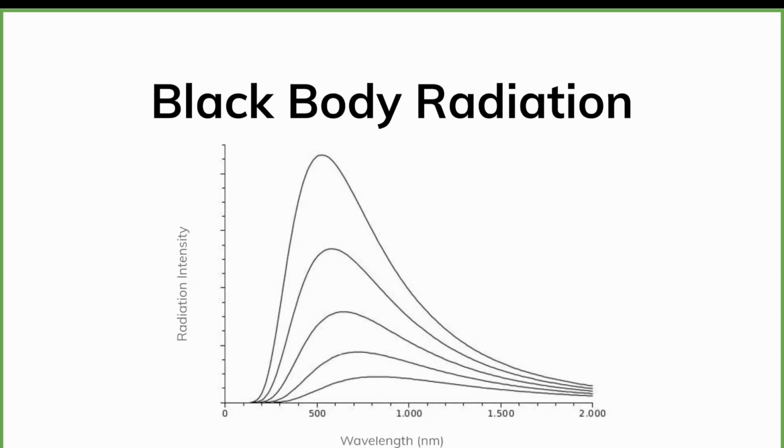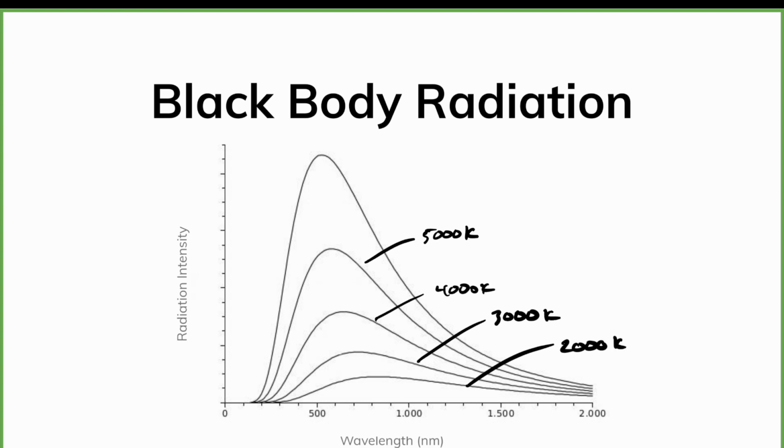So if we had a number of different objects here, this is what the blackbody radiation graph looks like. So this here, that's our original one we talked about being about 5,000 Kelvin. And then this could be 4,000 here, 3,000, and the 2,000 Kelvin object. But as the temperature decreases, the peak wavelength also increases. So they're inversely proportional.